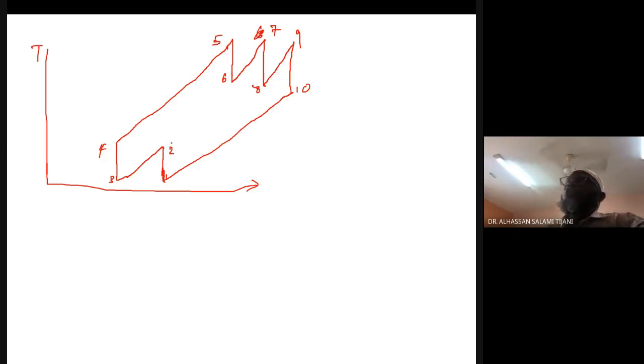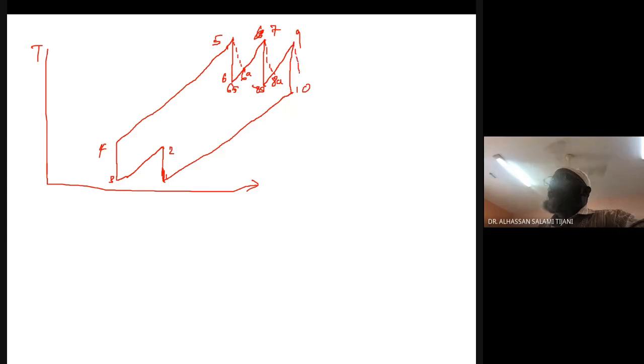Okay, so we have to consider the fact that there is isentropic expansion. Means we have this is 6S, and this is 6A. And this will give us 8S and 8A.